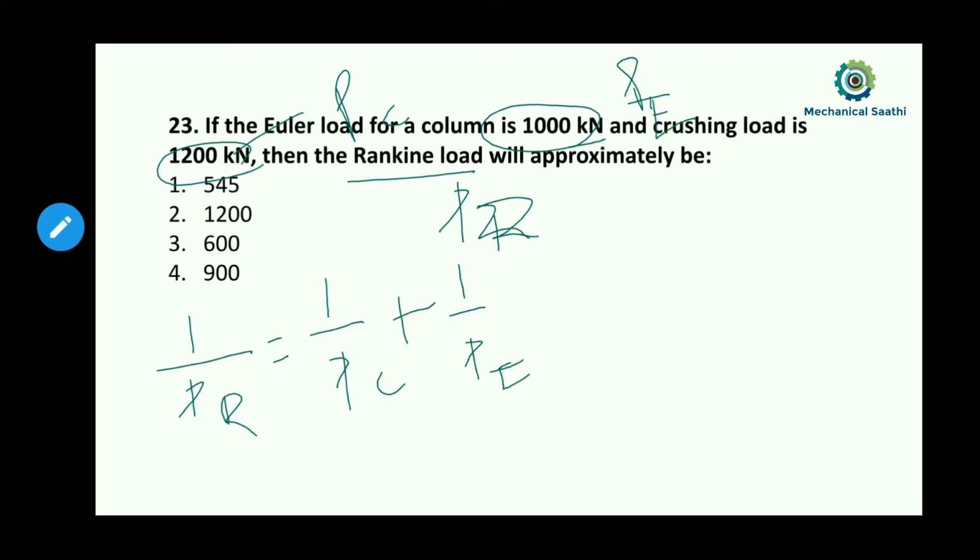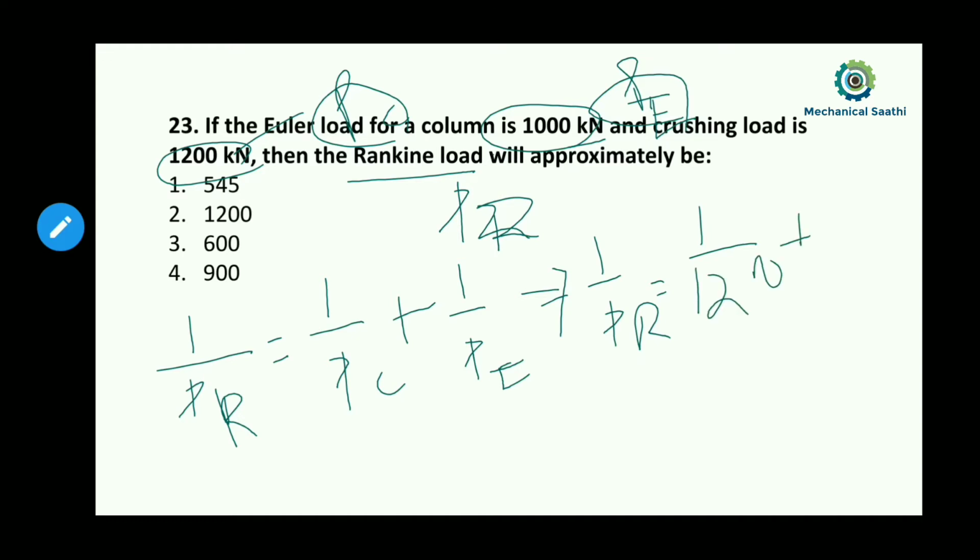All the data we require are given to us. PC is given and PE is given. So simply by using this formula we can find the value of PR. Let us put these values: 1 by PR is equal to 1 by 1200 kilonewton plus 1 by 1000.